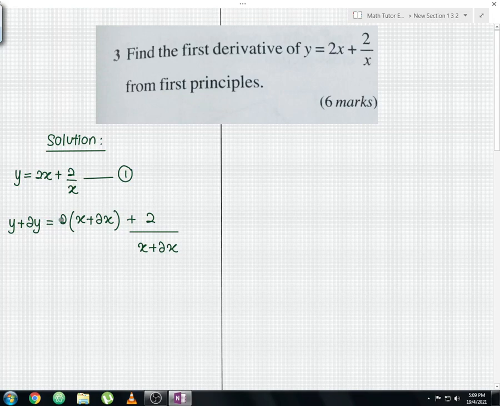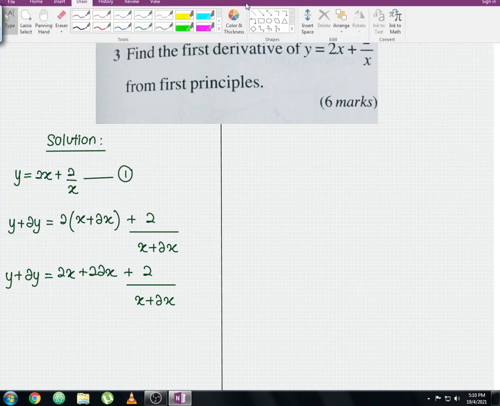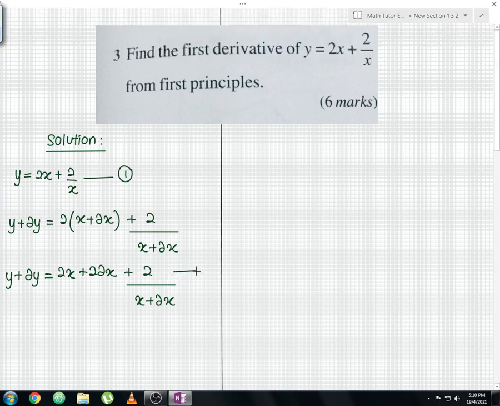Then you expand the 2, so from here you should get y plus delta y equals 2x plus 2 delta x, and then you plus 2 over x plus delta x. So this will be your second equation, guys. Let me label this. I hope that you understand the working till now.